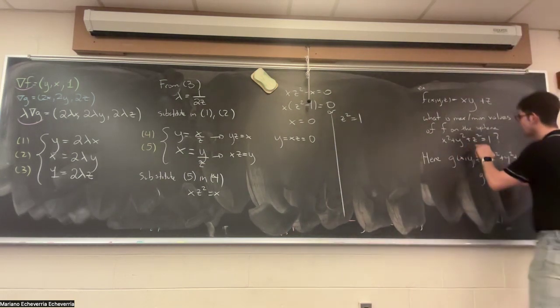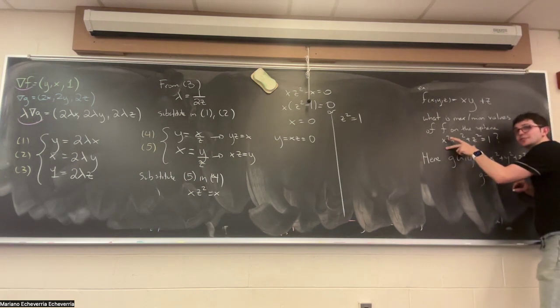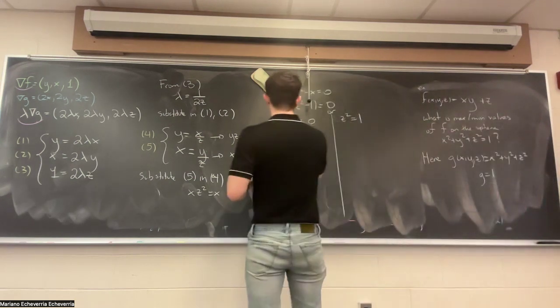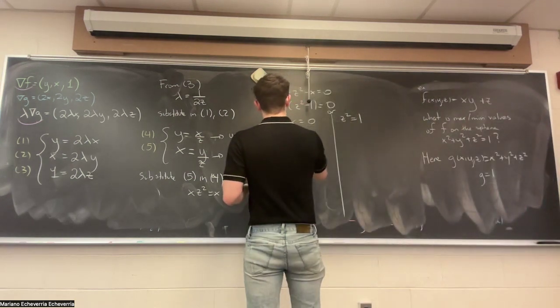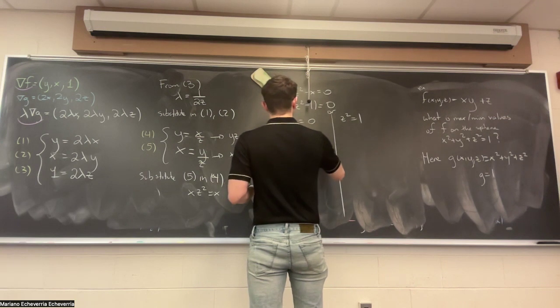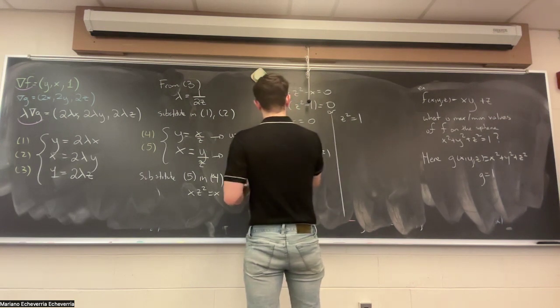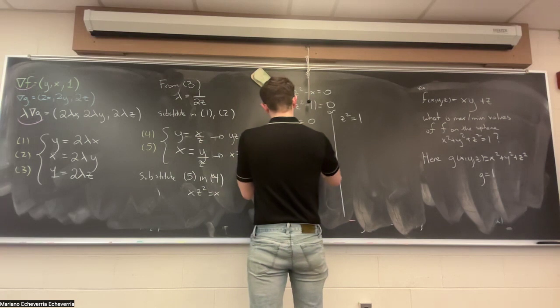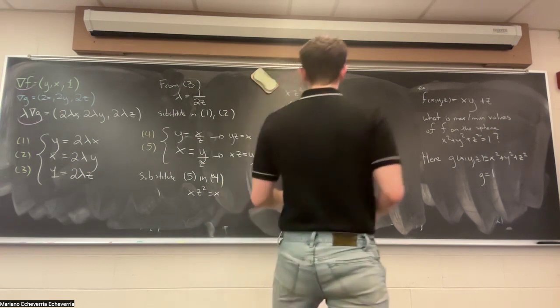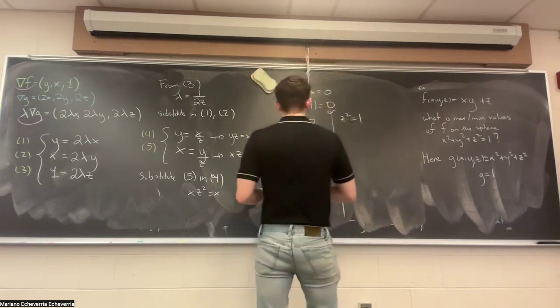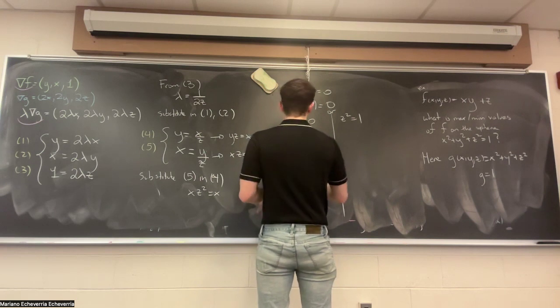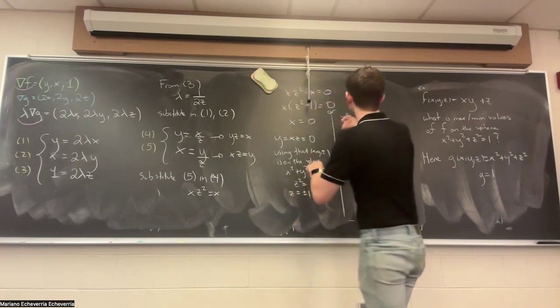You have to remember that the point has to be on the sphere. So now we have to use that the point is on the sphere. Using that x, y, z belongs to the sphere, since x and y are both 0, you get z squared equals 1. Now you're getting z equals plus or minus 1, but not because you used information from here.